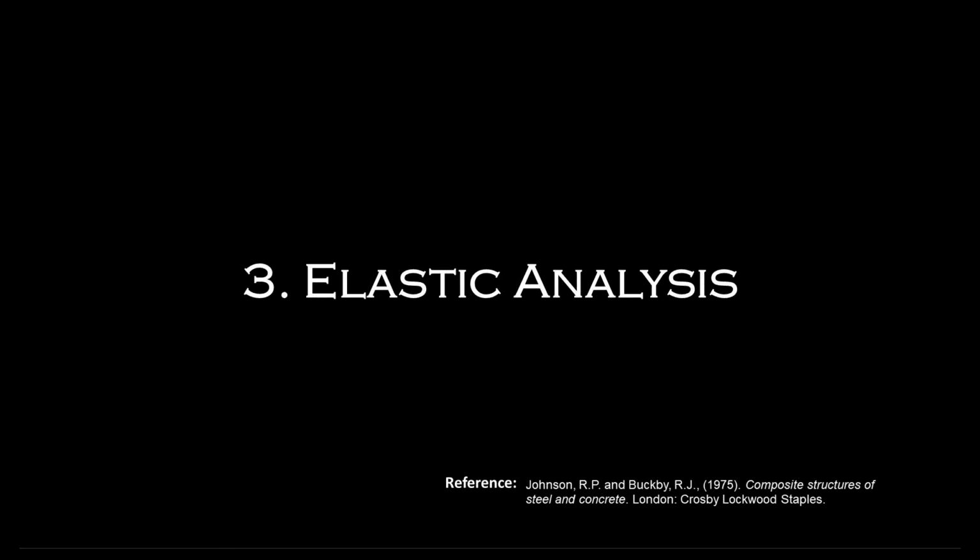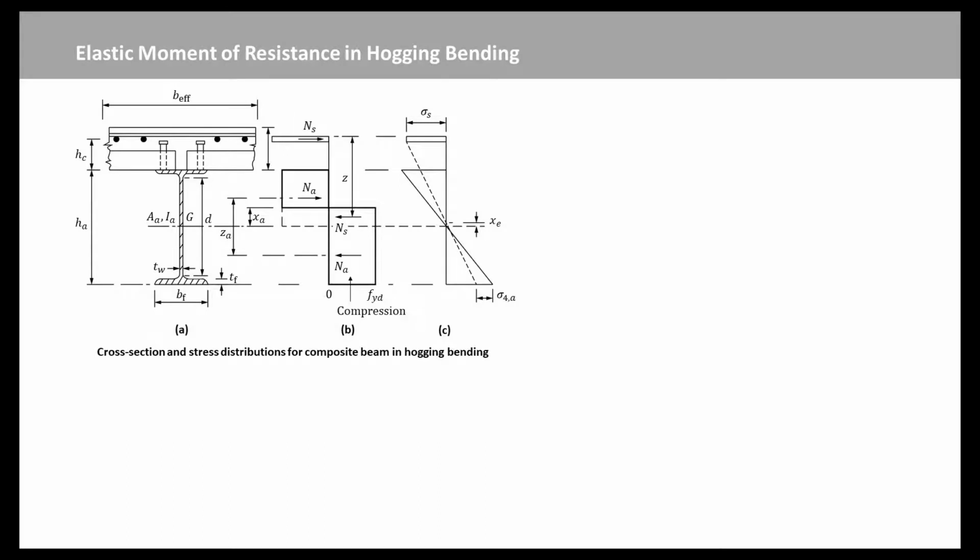Next, we will introduce the elastic moment of resistance in hogging bending. In the preceding calculation, it was possible to neglect the influence of the method of construction of the beam and the effects of creep, shrinkage, and temperature, because these are reduced by inelastic behavior of the steel and become negligible before the plastic moment of resistance is reached.